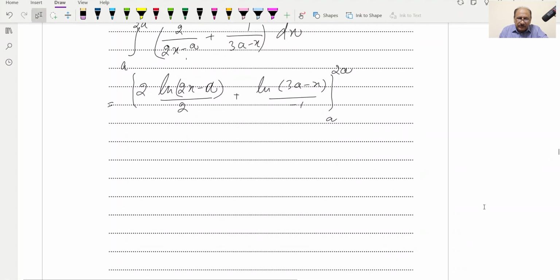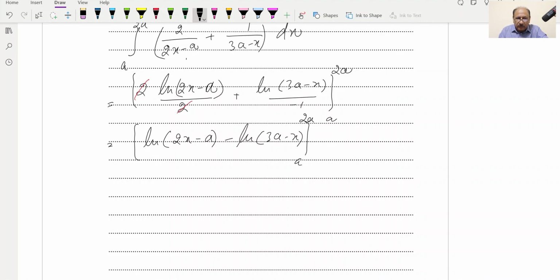Further we can replace the upper and lower limits, and before that one we can cancel these two, and our equation will become what? Log of 2x minus a and minus log of 3a minus x, and the limits are a to 2a.